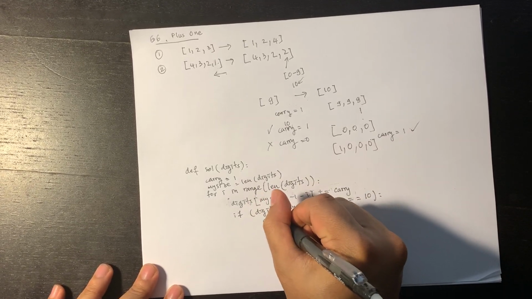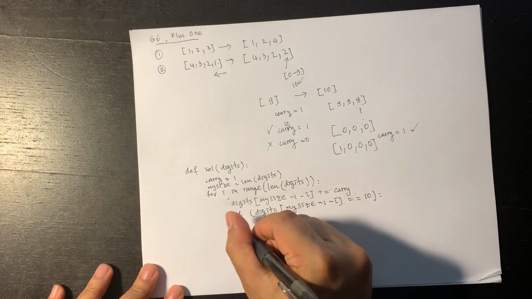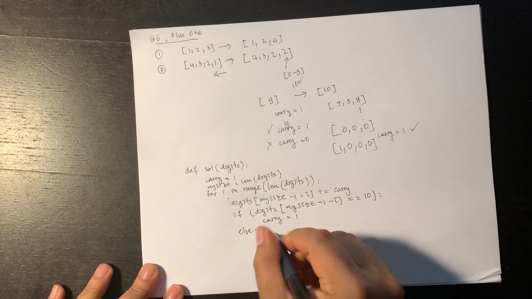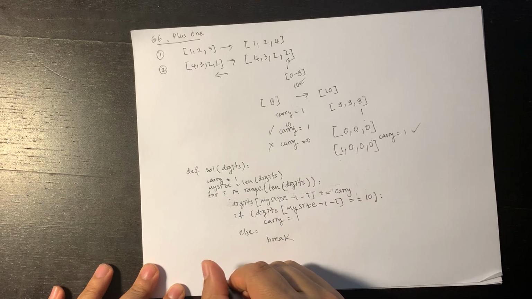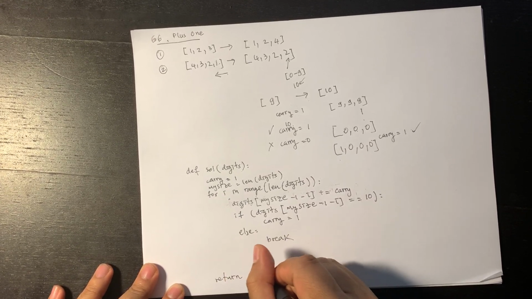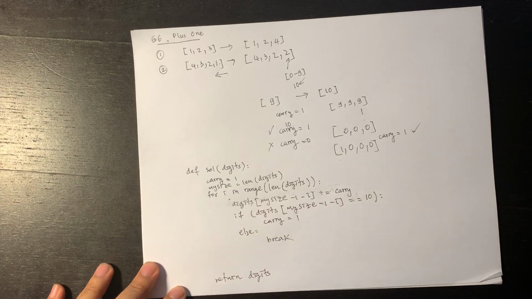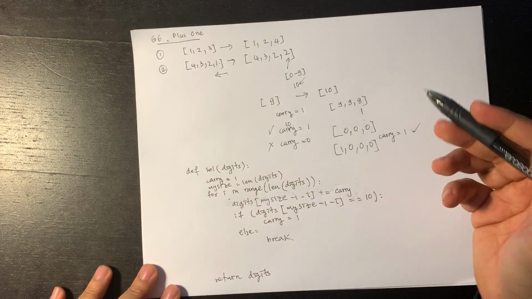I want to keep my carry equal to 1, else I want to set it to 0 and break. And right here I want to return digits. And at the end I want to check if the carry is 1 or 0.